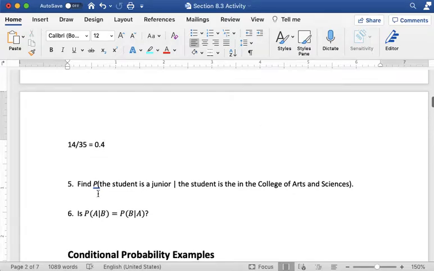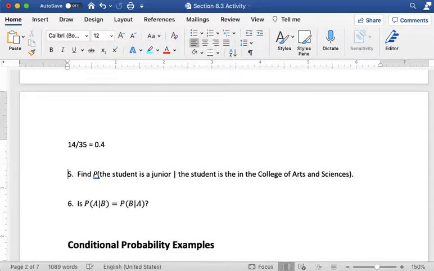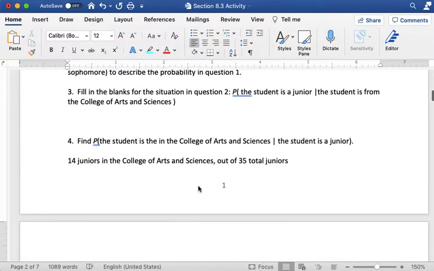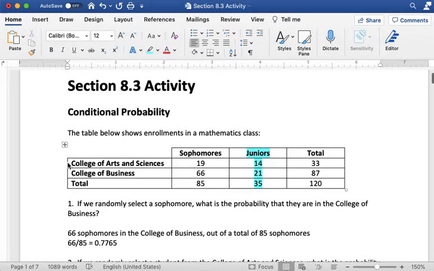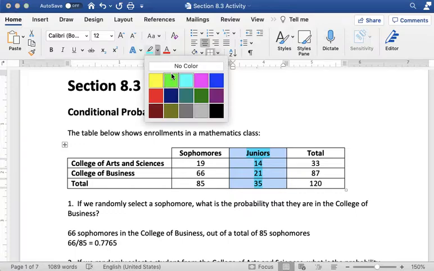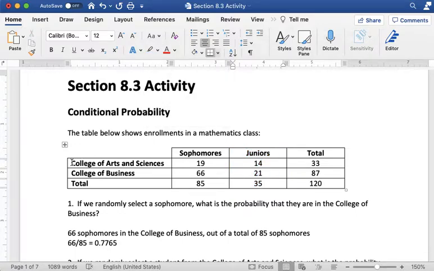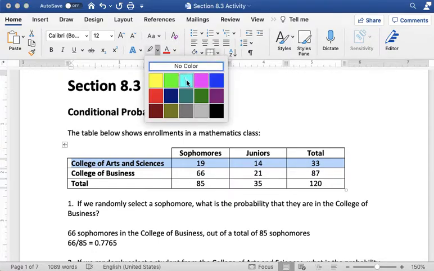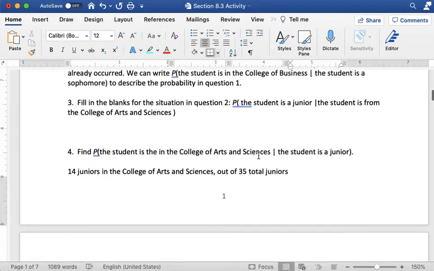Question 5 is find the probability that the student is a junior given that the student is in the College of Arts and Sciences. So we're now looking at just the students who are in the College of Arts and Sciences. This is one that we've actually already found. 33 total students, and 14 of them are juniors.